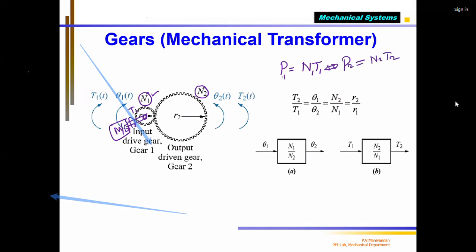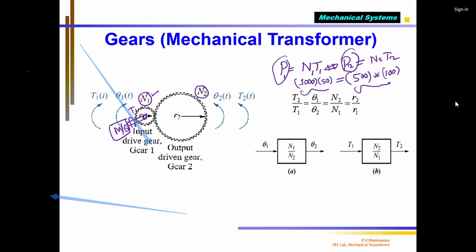Now, if I say N1 is 1000 RPM, multiplied by T1 equal to 50 Newton meter, that should be equal to, if N2 is, for example, 500, then T2 should be 100. So we can see that these two should be equal: input power equals output power.